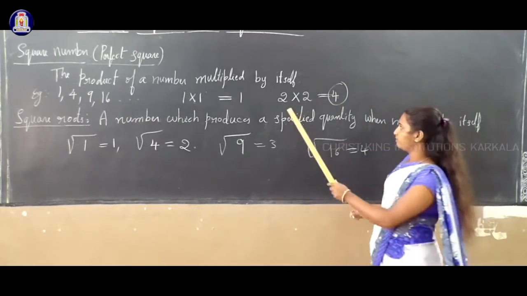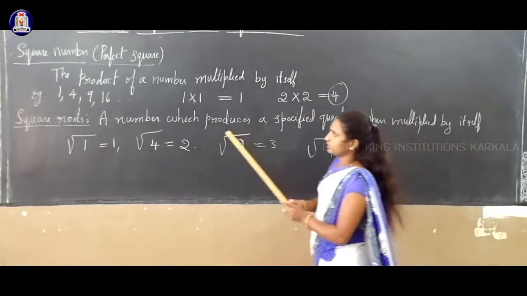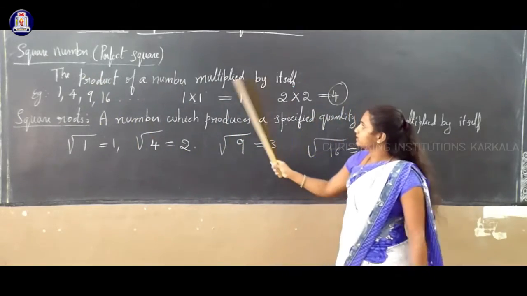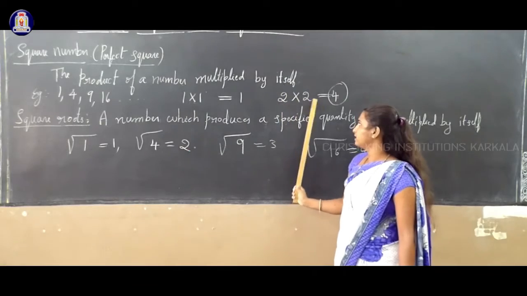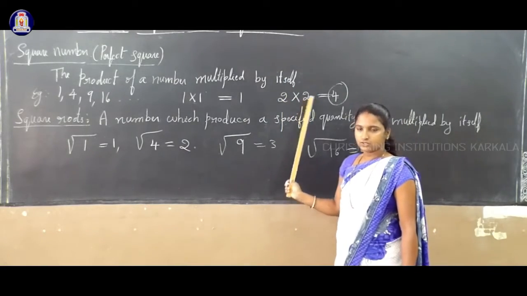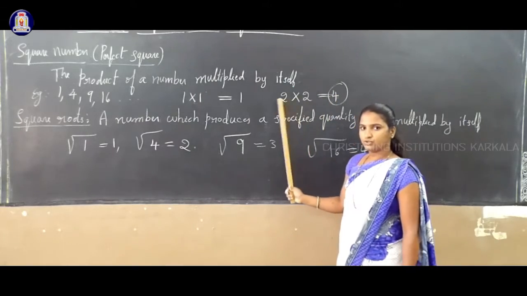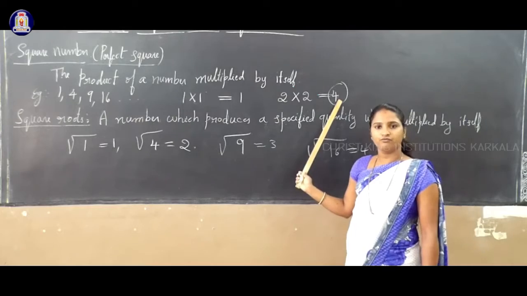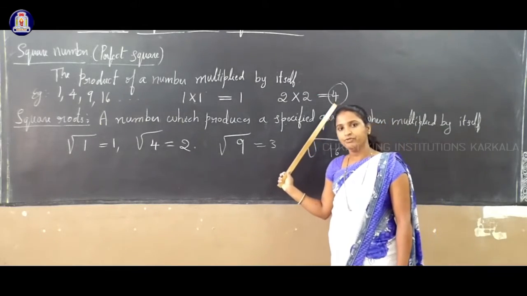Clear? The same number is multiplied 2 times, right? So 2 is multiplied by itself, and we get 4. So we can say that 4 is a perfect square.